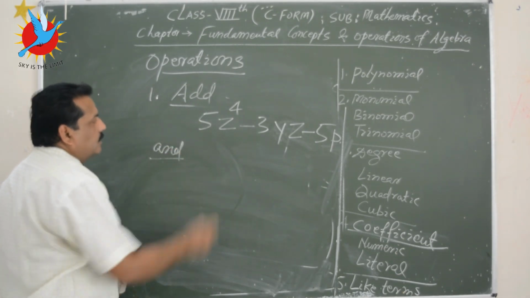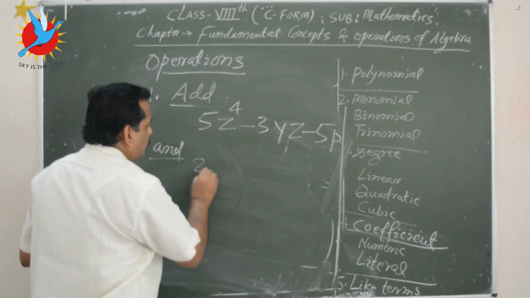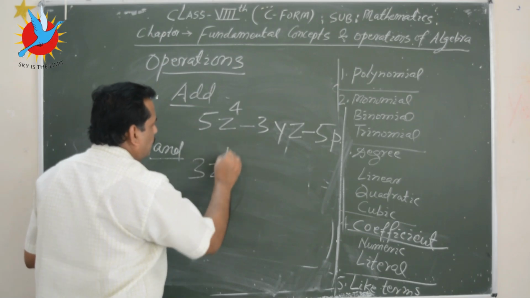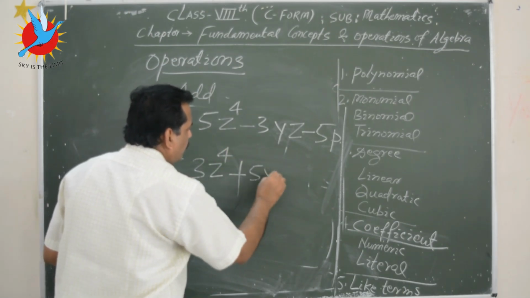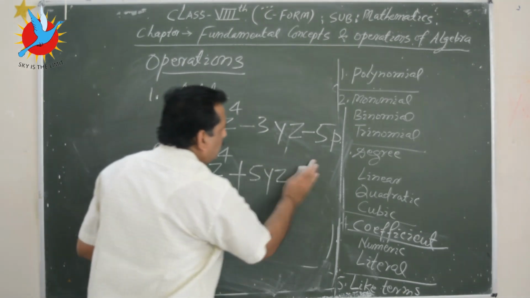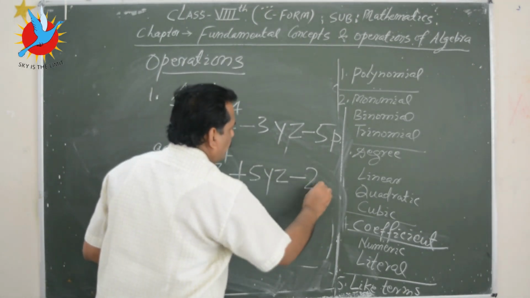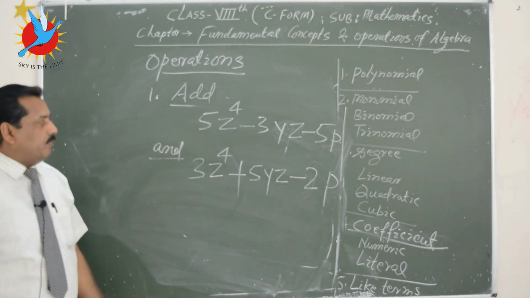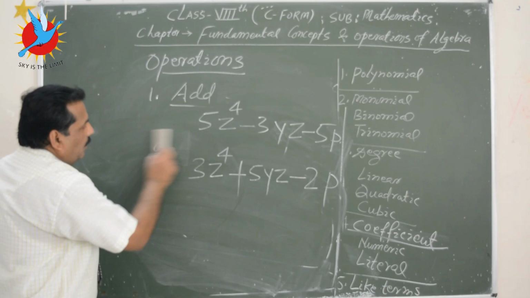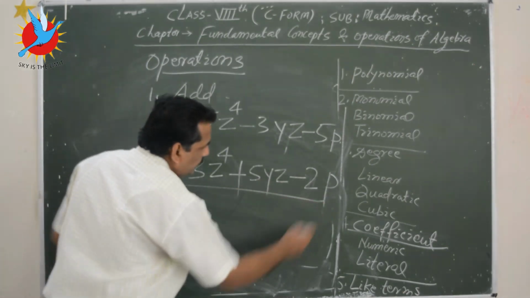Take another expression: 3z to the power 4 plus 5yz and minus 2p.